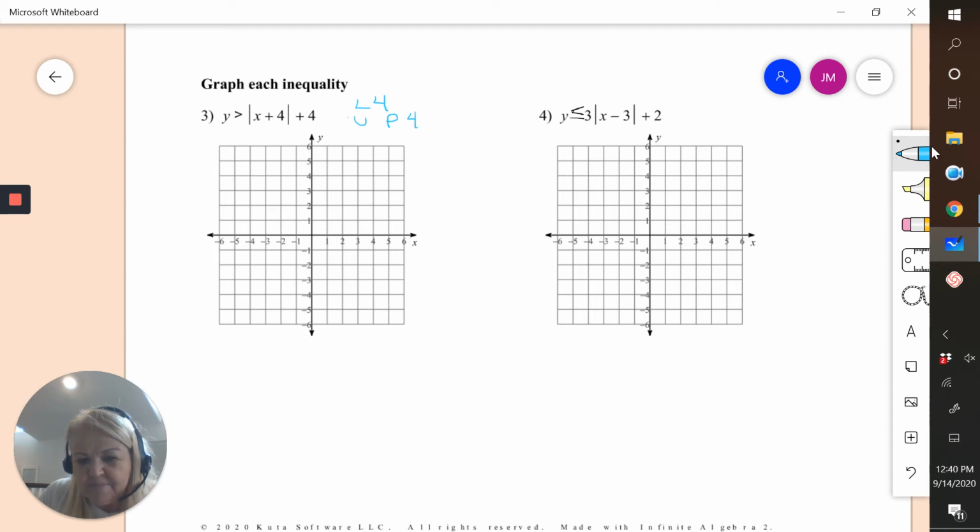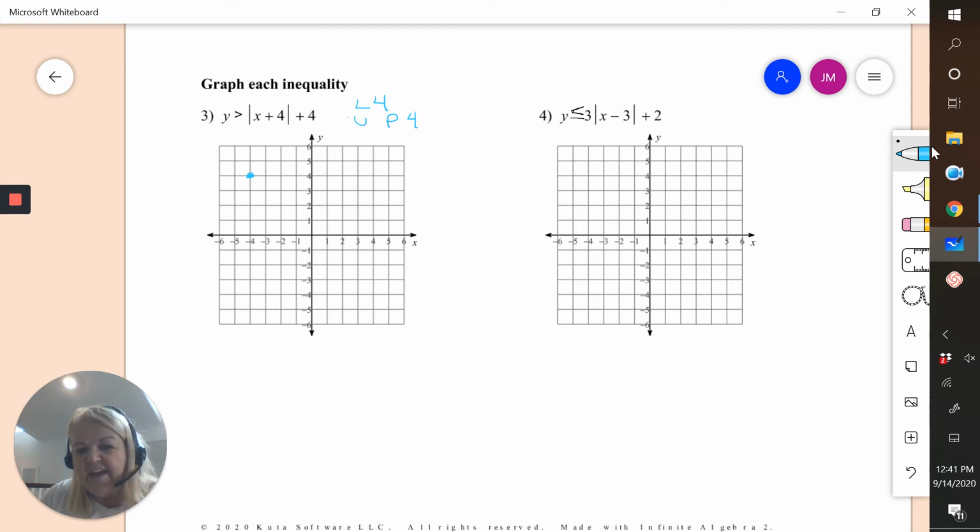The parent graph, remember, goes through 0, 0, 1, 1, 2, 2, 0, negative 1, 1, negative 2, 2. So the point here that was 0, 0 goes left 4, 1, 2, 3, 4. Remember, the horizontal is opposite of what you think, and up 4. So it goes right here.